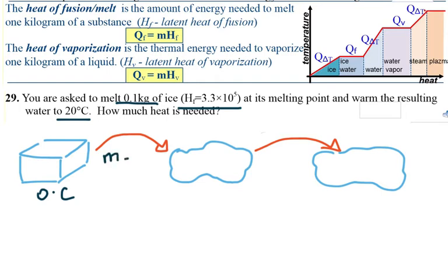Here I'm going to have the melting process, and then I get water that is still 0 degrees Celsius. And then from this water at 0 degrees Celsius, I'm going to change its temperature to 20 degrees Celsius.